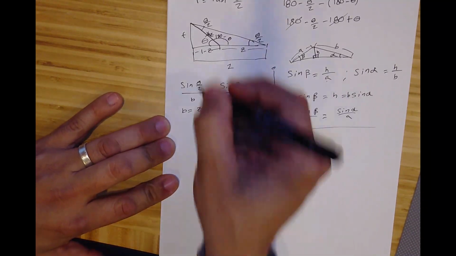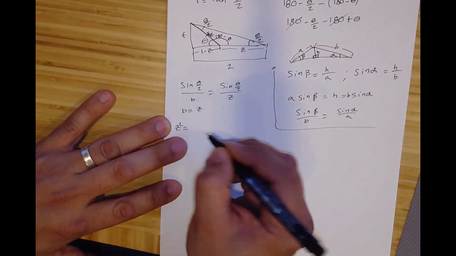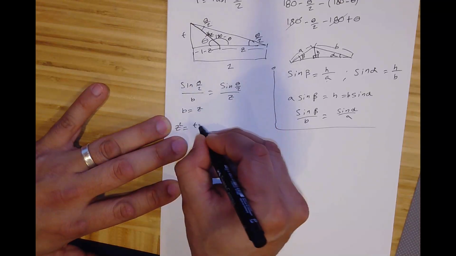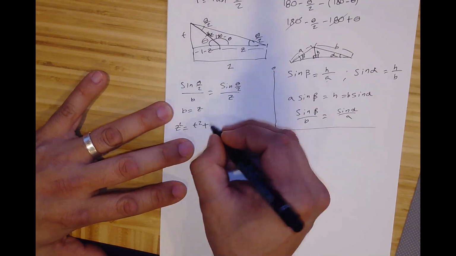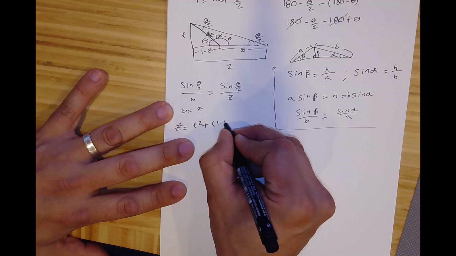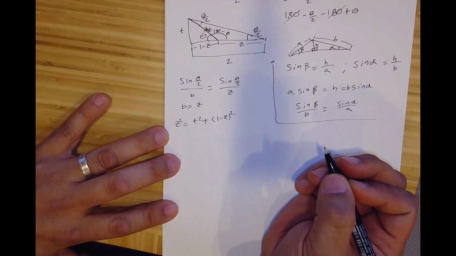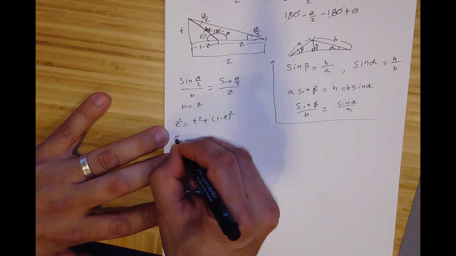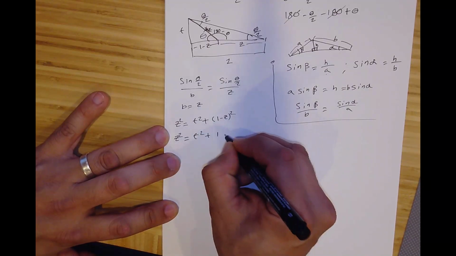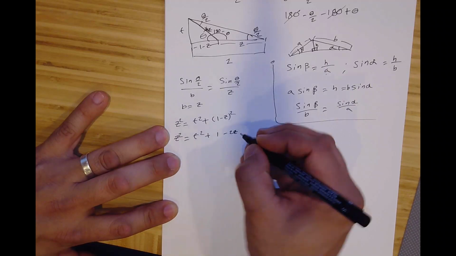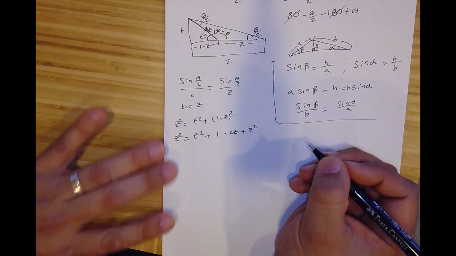Then what? Then use Pythagoras. c squared is equal, right, to t squared plus the other one squared, 1 minus c squared. Then we can do the algebra here. c squared is equal to t squared plus 1 minus 2c plus c squared.